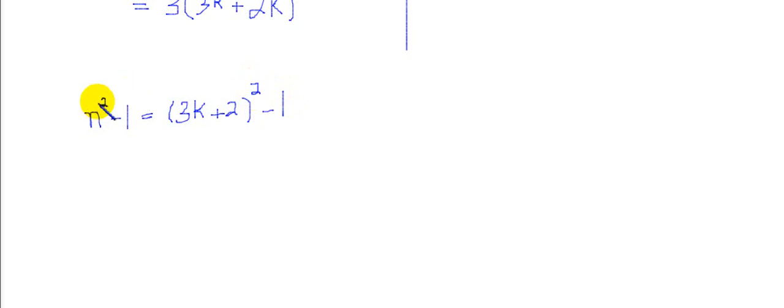The square is because n is squared, and this is the value of n, then minus 1.